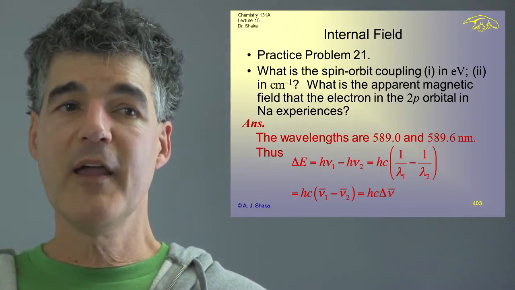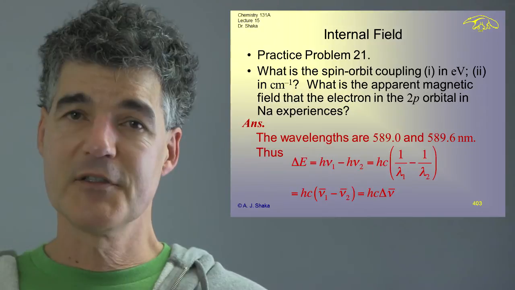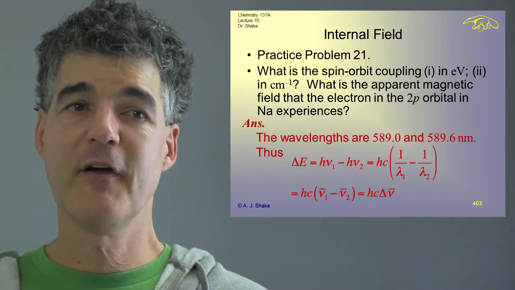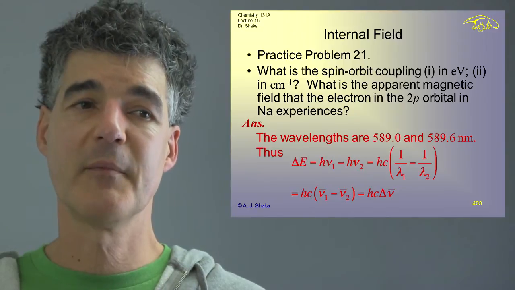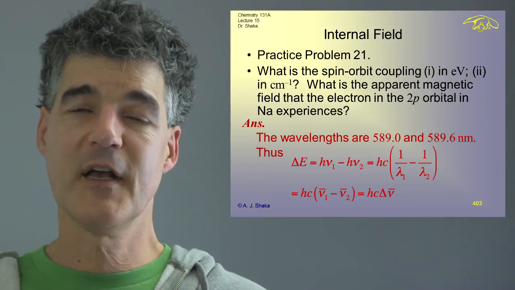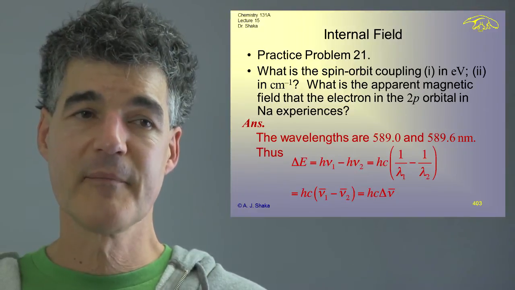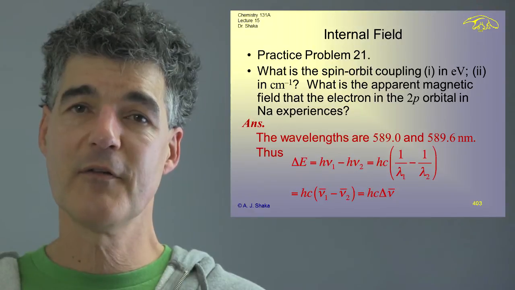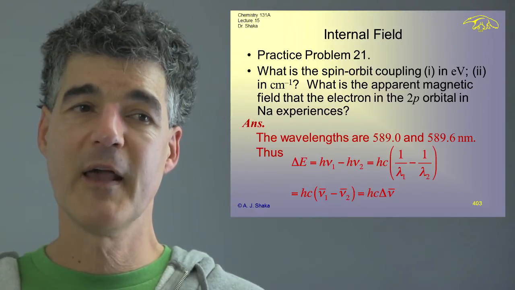Okay, well, the wavelengths of the two transitions are 589 nanometers and 589.6 nanometers. And we know the energy difference is delta E is h nu 1 minus h nu 2, and that's hc times 1 over lambda 1 minus 1 over lambda 2.